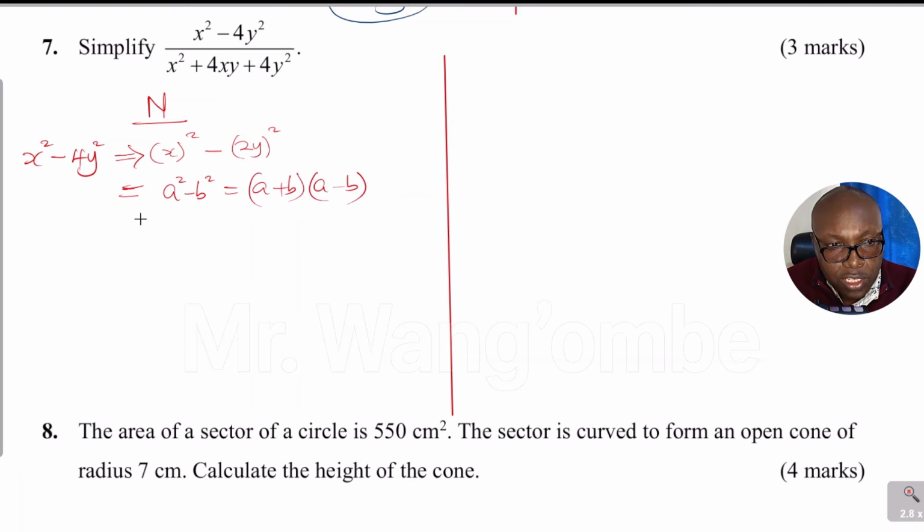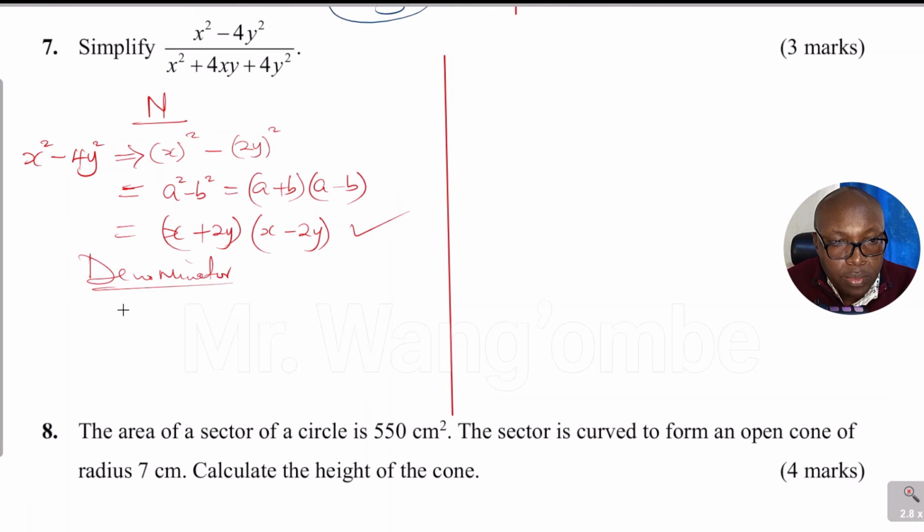That is how to factorize that. So for this particular one, x squared minus 4y squared, we shall factorize it to be x plus 2y, then multiply by x minus 2y. So we're done with that. That is the numerator. Let's go to the denominator.